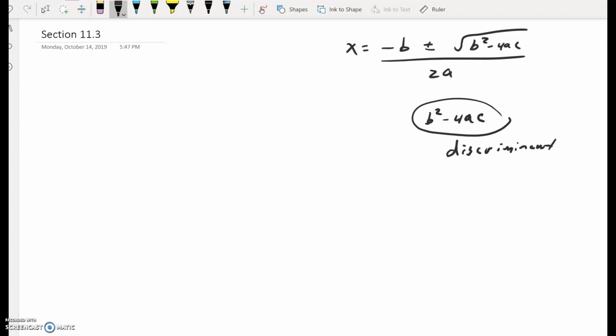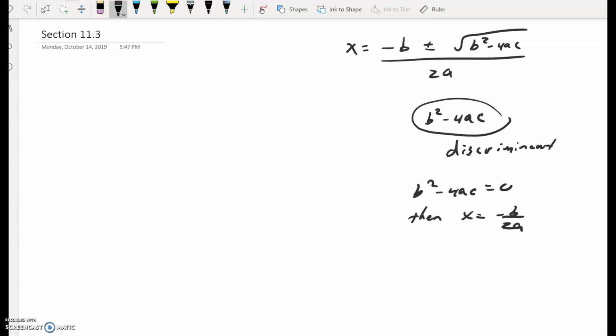For instance, if b squared minus 4ac equals 0, then x equals the opposite of b over 2a, and that's just one solution.